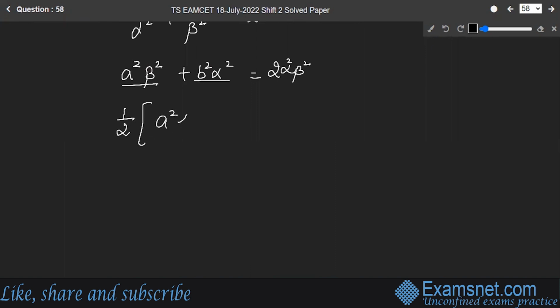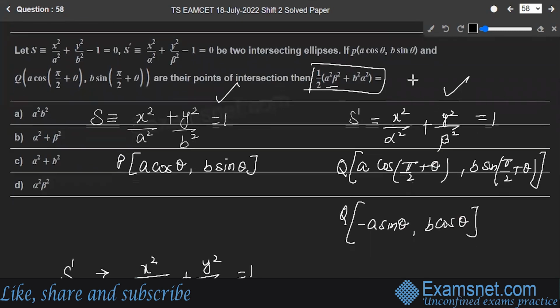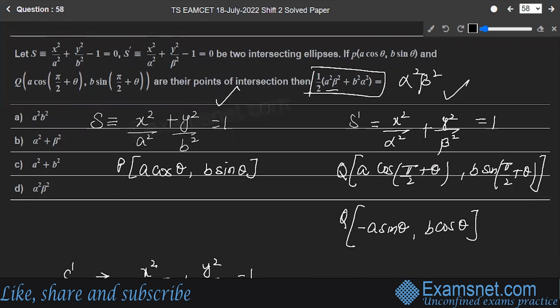So half of a square beta square plus b square alpha square is equal to alpha square beta square. This is the answer to the question. This comes out to be alpha square beta square. That means we have option D as the answer. Hope you got that. Let's move to the next question.